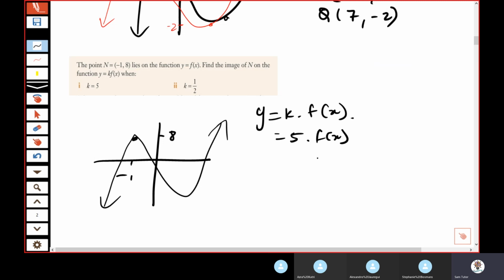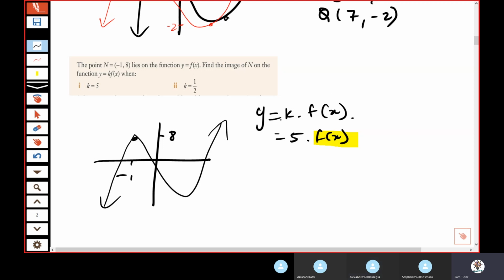Okay, beautiful. So again, understanding this, f of x, is that x's or y's? Yes, f of x is y, right?